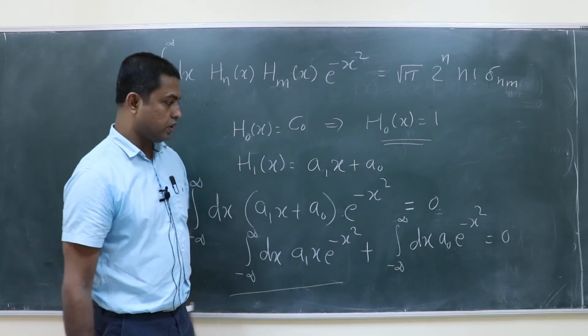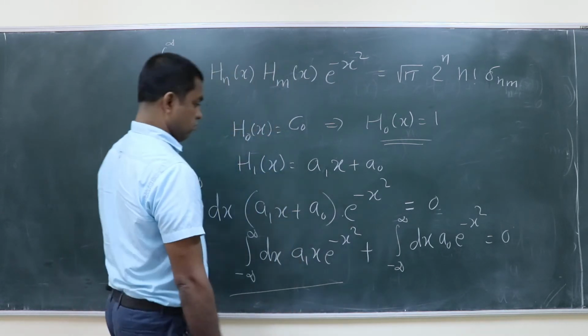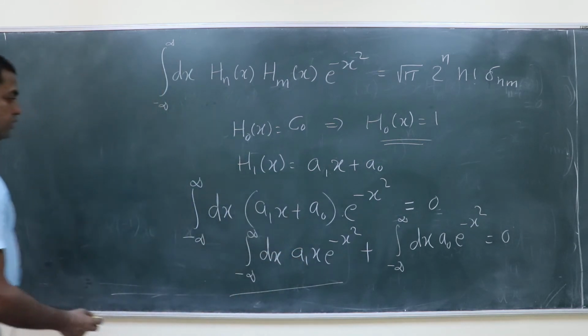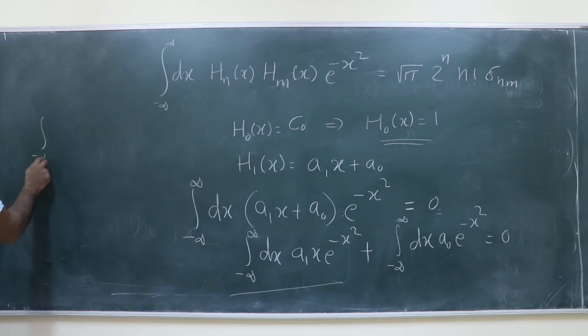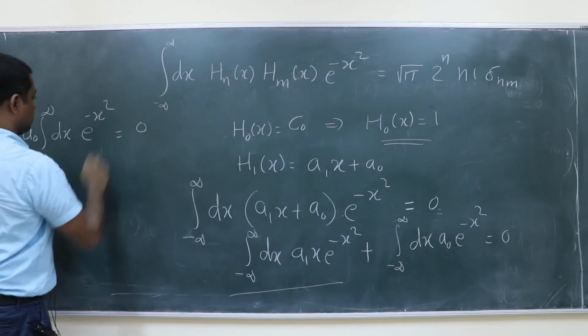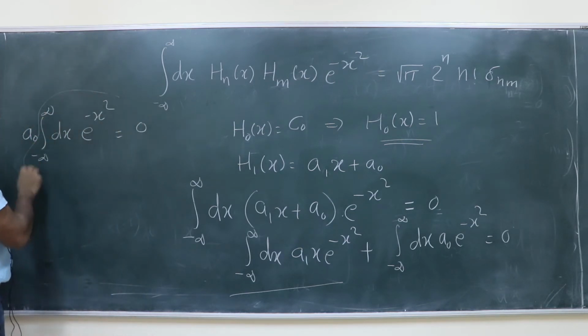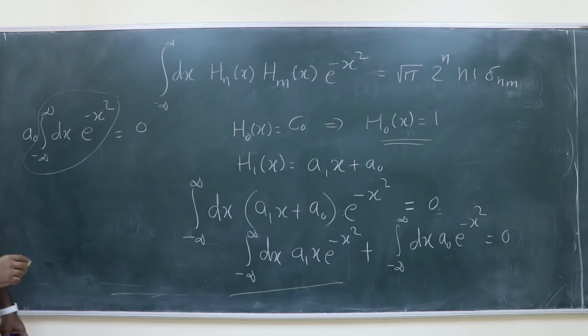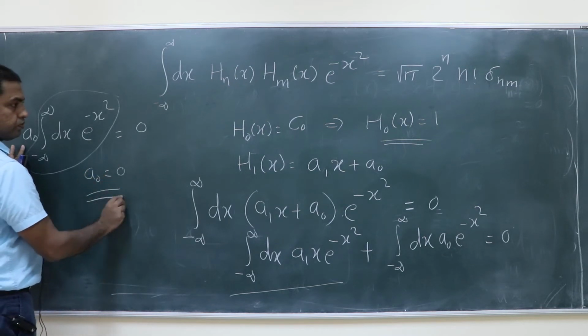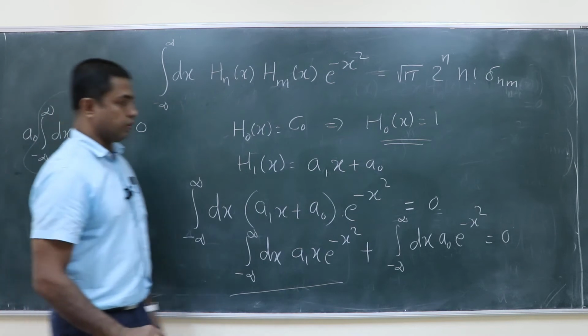So when this goes to 0, what you get is the integral from minus infinity to infinity dx, a0 I can take outside, e to the power minus x square equal to 0. But you know that this quantity is equal to root pi. That means a0 should be equal to 0. So you got a0 equal to 0.